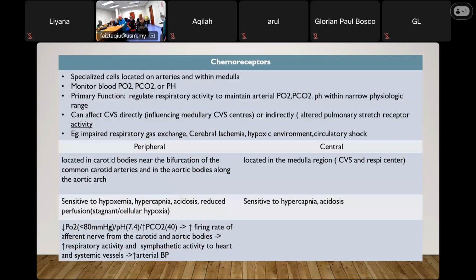Aortic body and aortic arch are around the same place, right? So aortic body has the vagus nerve. Carotid body, what nerve? Glossopharyngeal nerve. All right, that's the efferent.